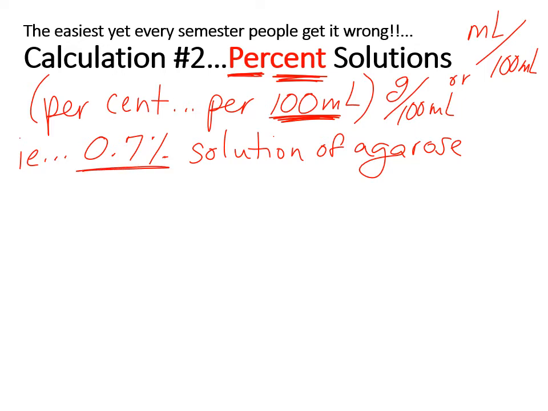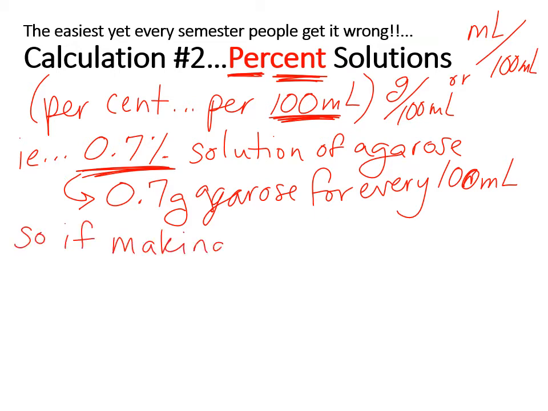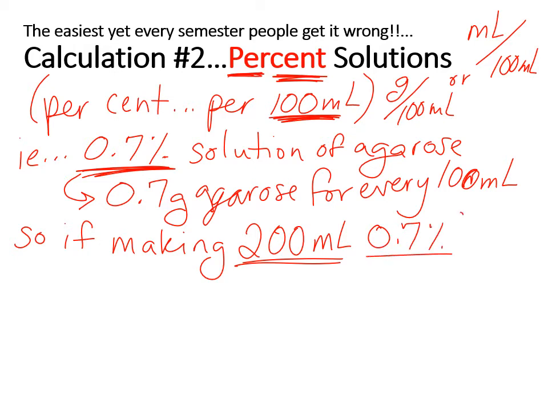Well, what does that tell you? 0.7% tells you that you need 0.7 grams of agarose for every 100 milliliters you're making. So if you're making 200 ml of 0.7% agarose, what would you do?